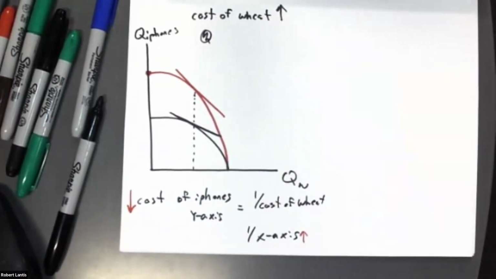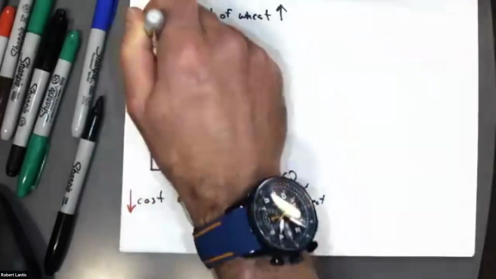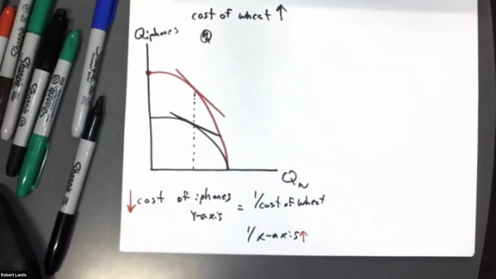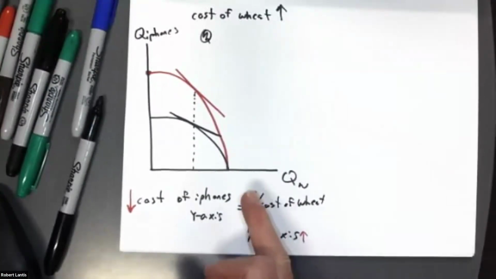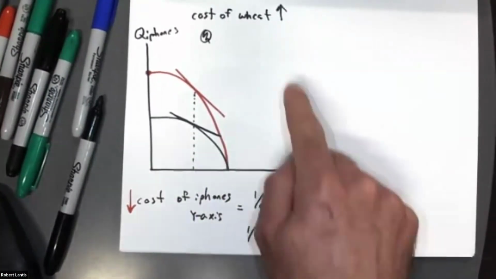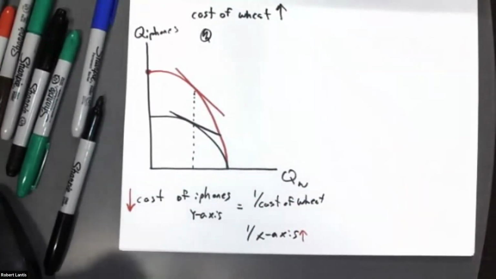So when you have a technology change, whatever good it impacts, the opportunity cost of producing that good will actually be lower, right? Because now to get the same one iPhone, it requires fewer labor hours, so I don't have to give up as much wheat production. However, whichever good does not experience that technology change, it now becomes more costly to produce that good. Okay?